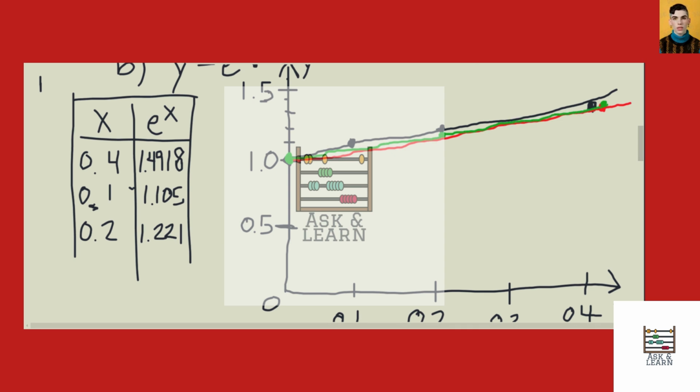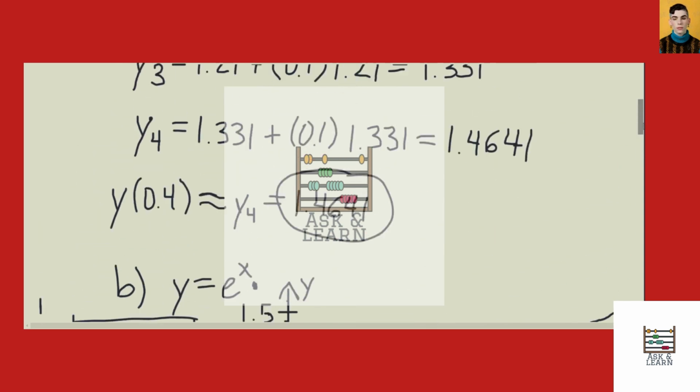It's pretty hard to see, but our estimate from part 2 seems to be still underestimating our solution, but it is a better estimate than our estimate from part 1.